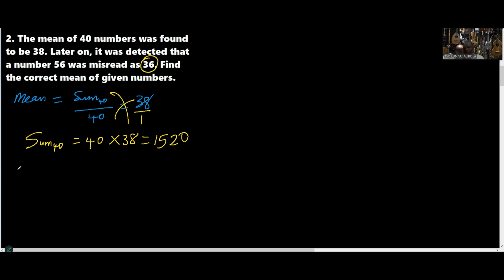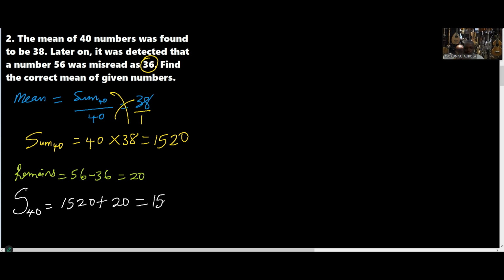So it remains 56 minus 36, which is 20, to be added to the sum. The new sum now will be 1520 plus 20. That will be 1540. So how can we get our mean now?